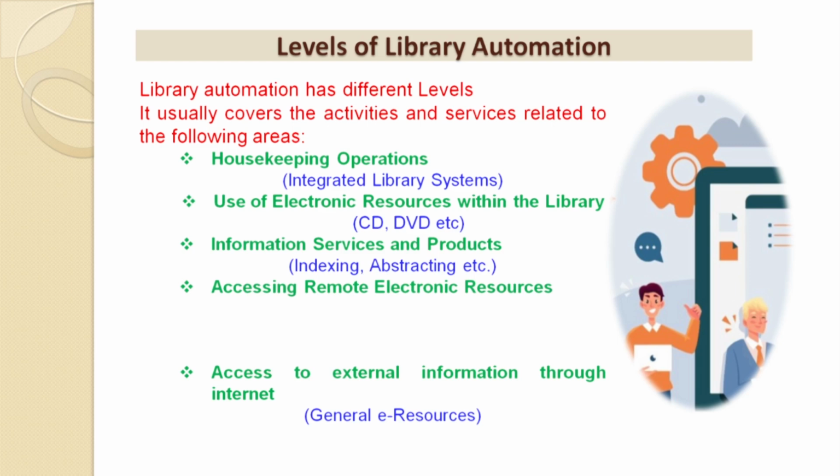Information services and products can also be accessed through the automation process. And people will also have facilities like remote access. Suppose a person is sitting at home; from there itself, using the remote access facility, he or she will be able to use the resources which are available in the library.